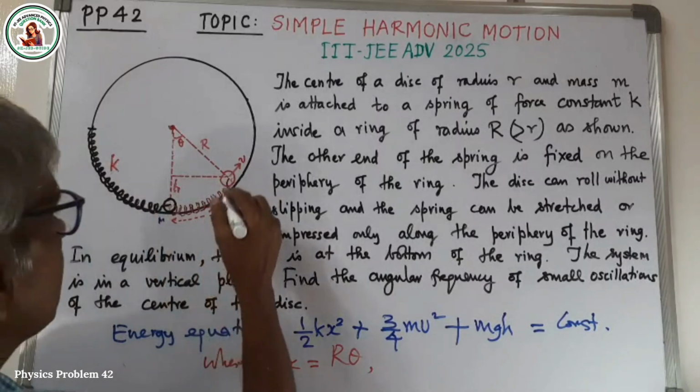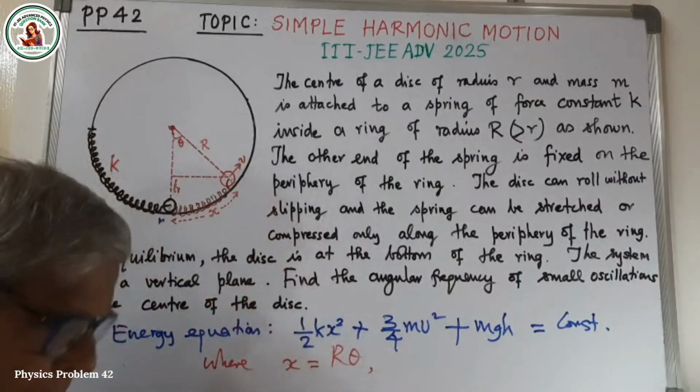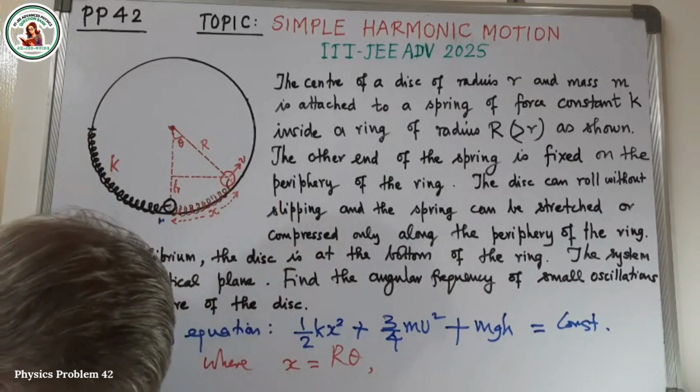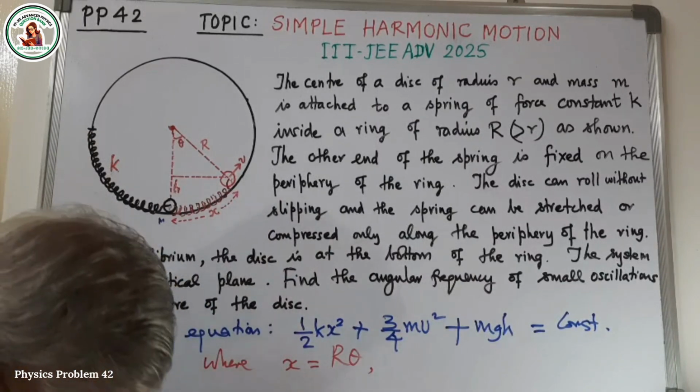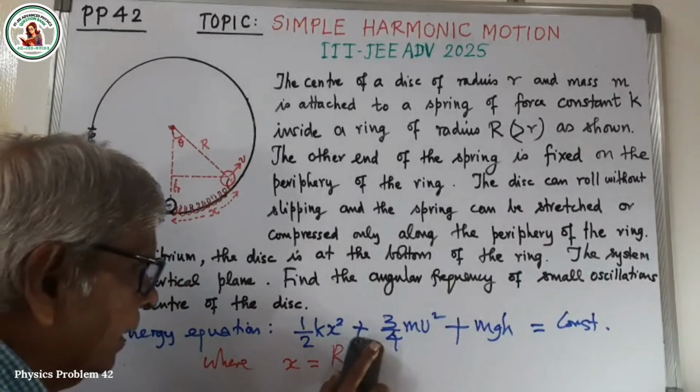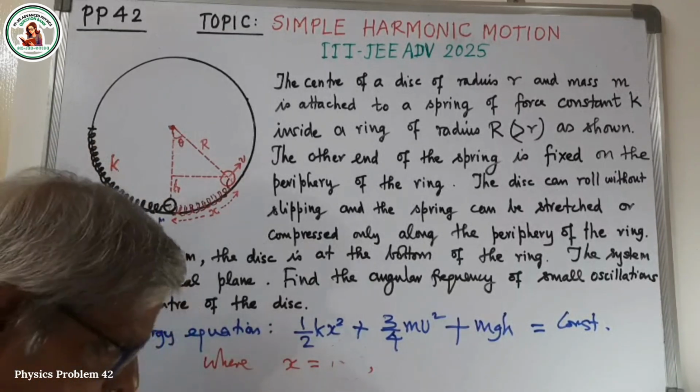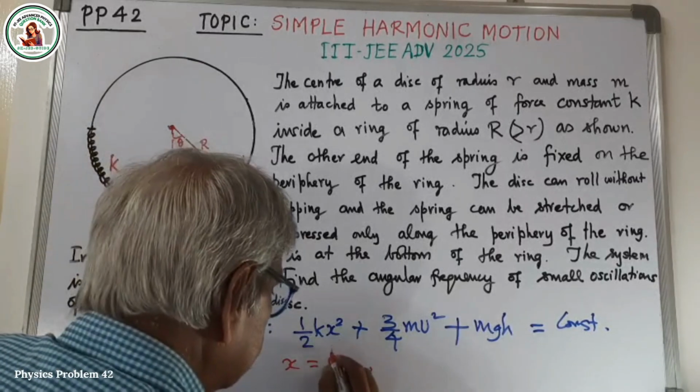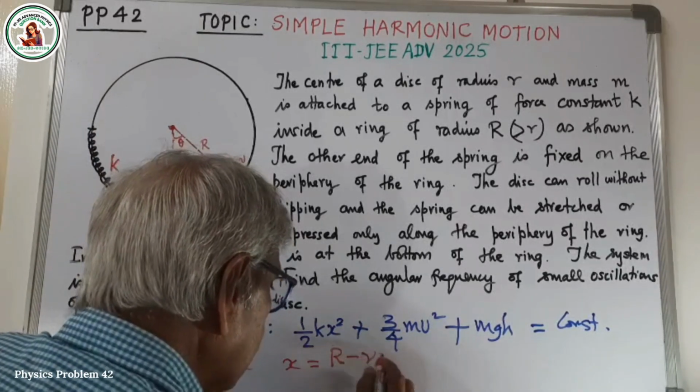V is equal to, not R theta, but R minus r, because we have to take the effective radius. So it will be capital R minus small r, times theta dot.